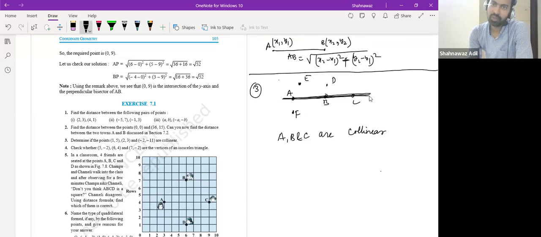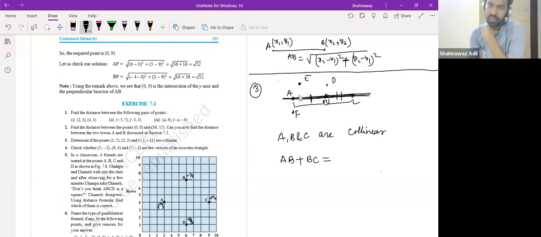So if A, B, C are collinear, which means that if I want to find AB plus BC, so this should give me what? If I add AB and then BC, this would give me what?